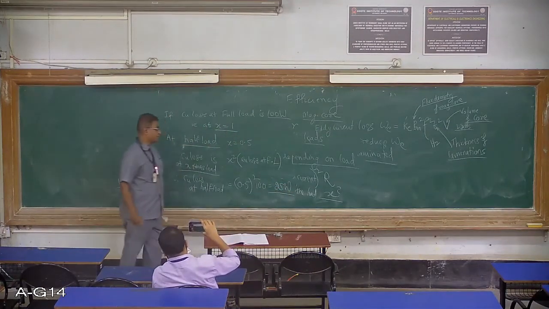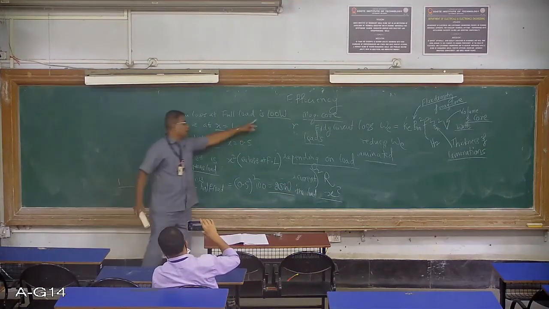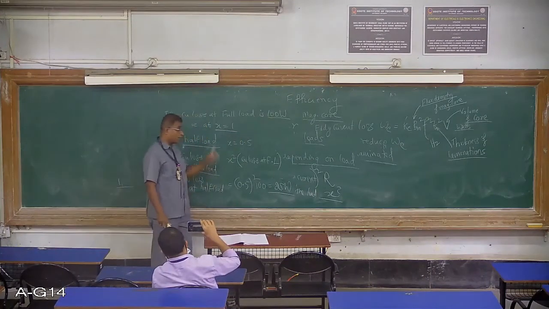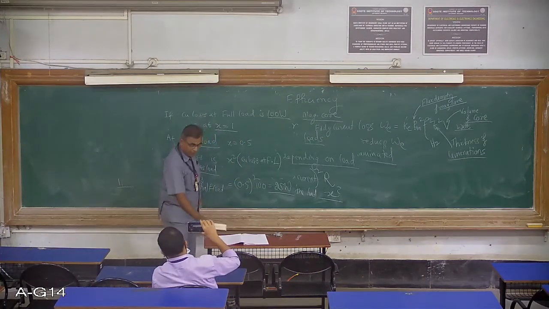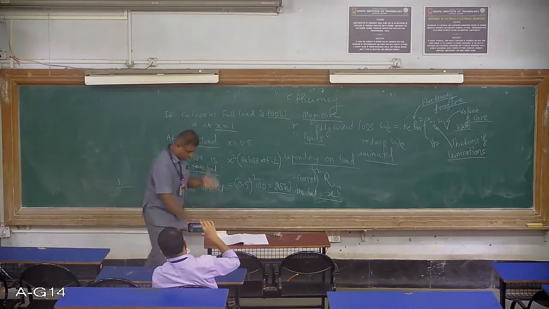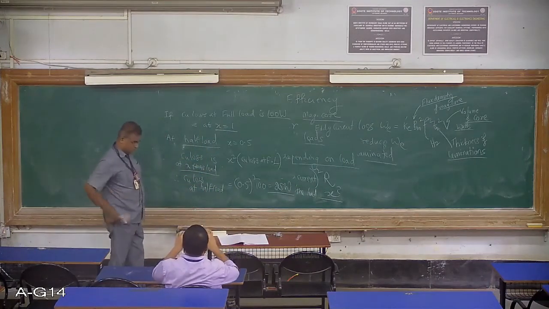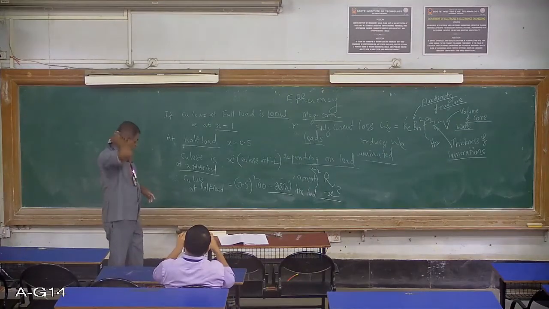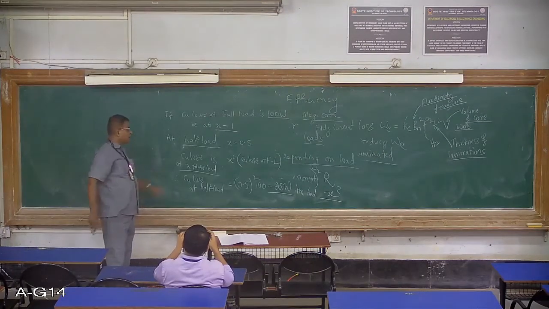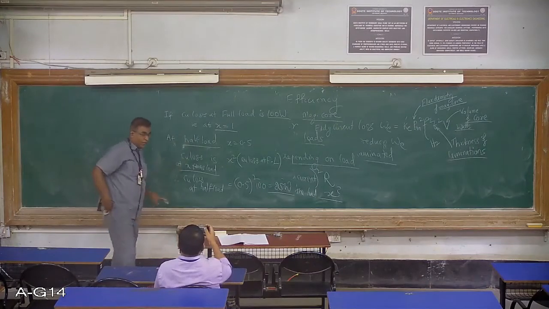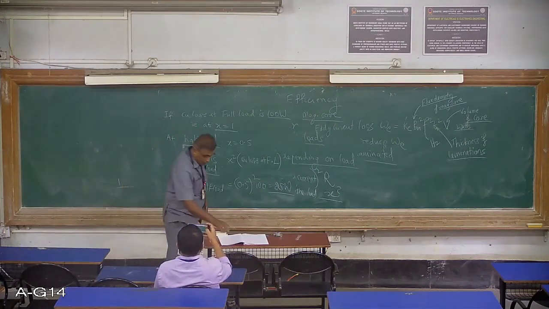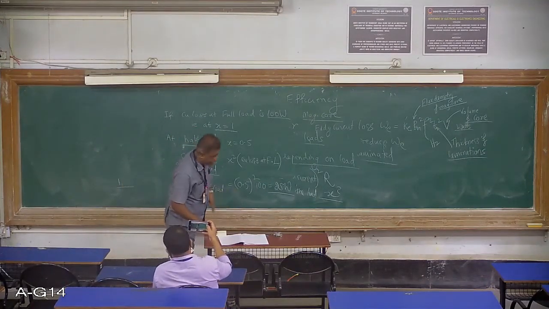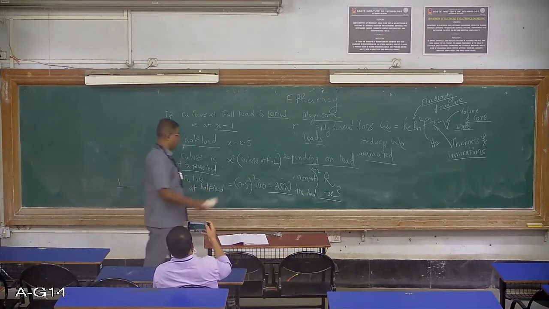Please note, full load copper loss is 100 watts, half load copper loss is 25 watts. So the variation in copper loss takes place in square proportion with respect to the variation in load. This idea you need to carry while solving problems for the efficiency of the transformer.